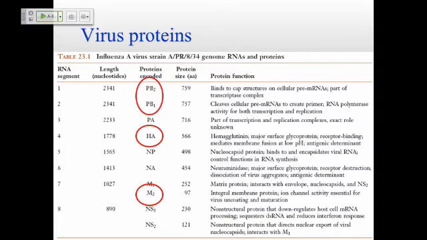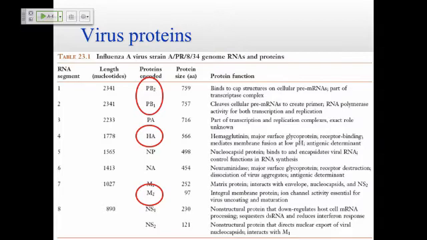Then we'll also talk a little bit more about PB2 and PB1. These are parts of the RNA-dependent RNA polymerase. Most important is PB2, because that's the cap-stealing aspect of these viruses. Turns out that a lot of the attenuated vaccines, strangely enough, have mutations in these polymerase proteins, and we'll get back to that a little bit later on.